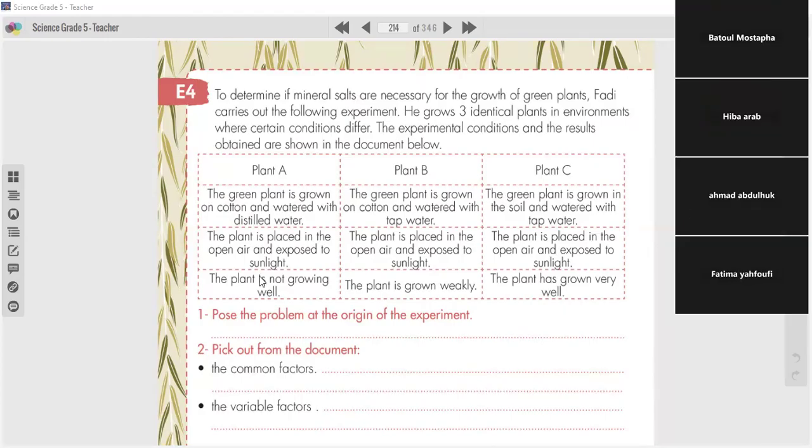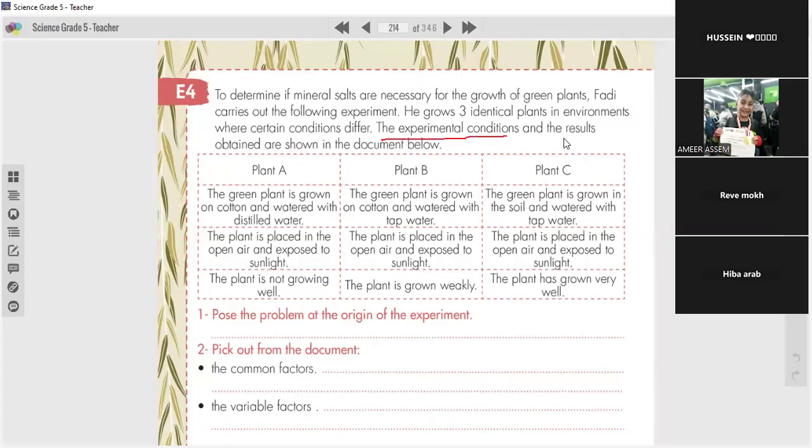No, I will send them on Google Classroom. Okay. Yes, Miriam, continue please. Miriam, did you hear me? Okay, Batul Mustafa, continue. Batul. Yes, miss. The experimental conditions. From where? Look to the screen.